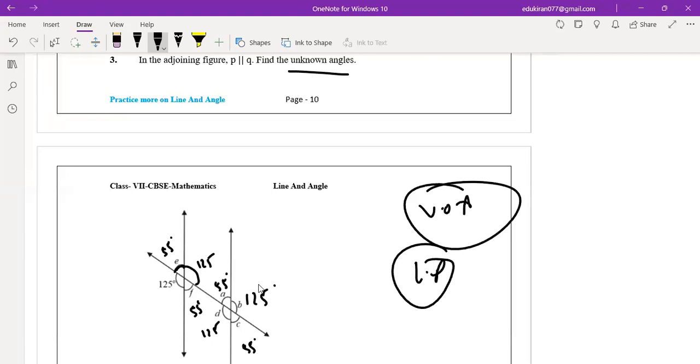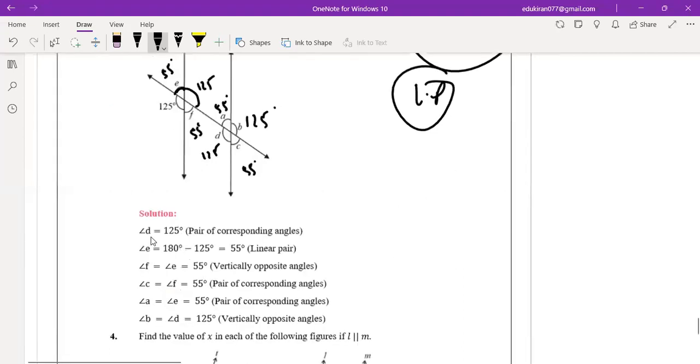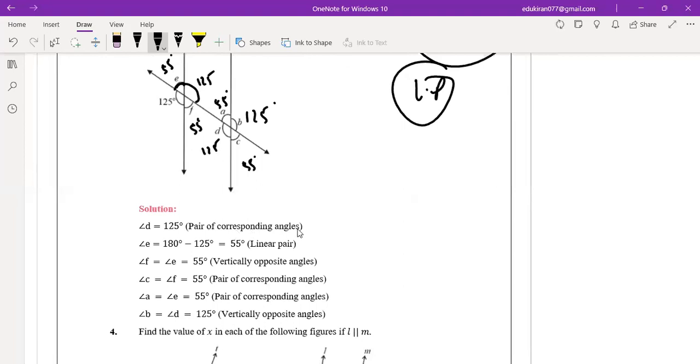Done, everyone? And you have the reasons as well, right? D is equal to this, pair of corresponding angles, E equals to linear pair from this, and then F is equal to angle E, 55, vertically opposite angles, C is equal to F, right?